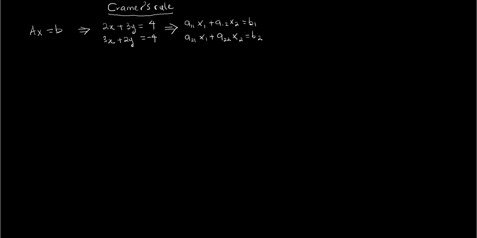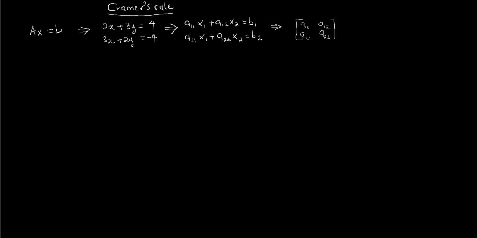This can be represented in matrix form. Let's just group the coefficients. We're going to get a11, a12, a21, and a22 in matrix form.